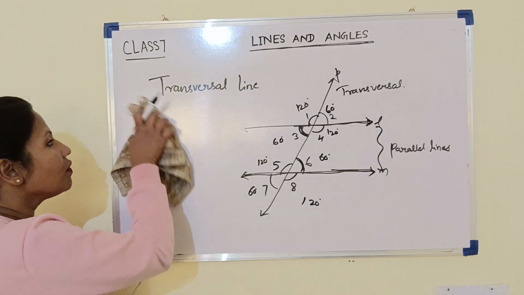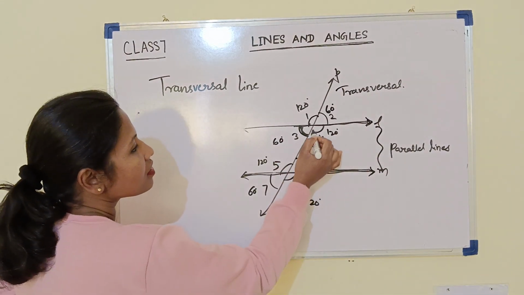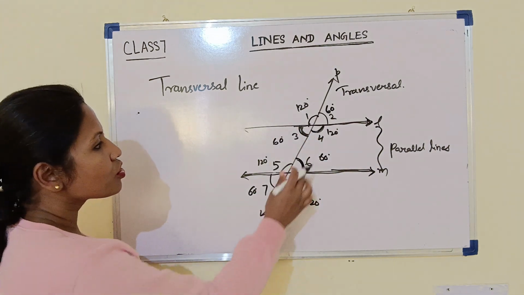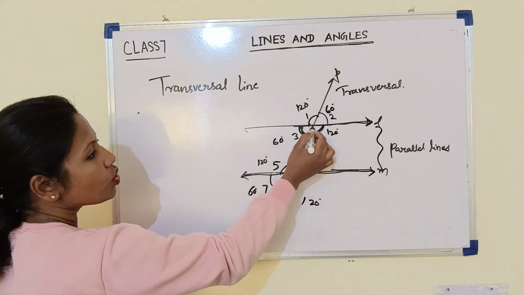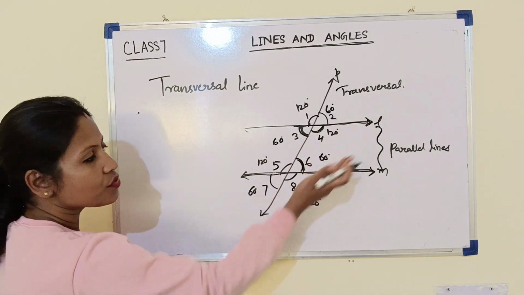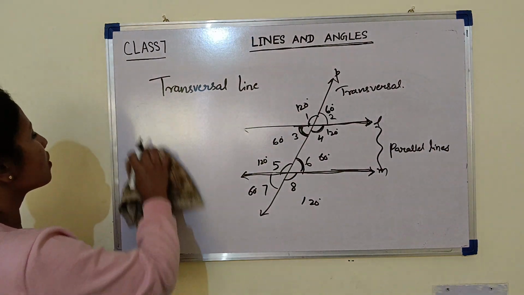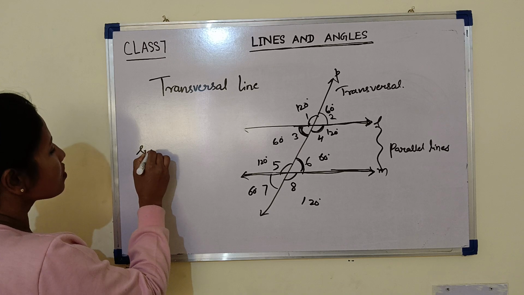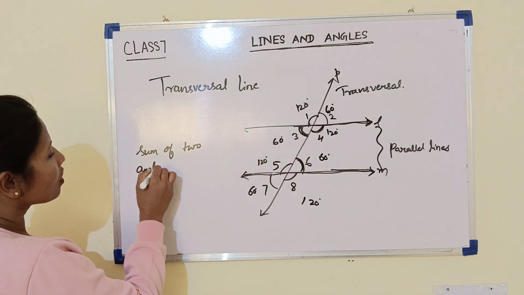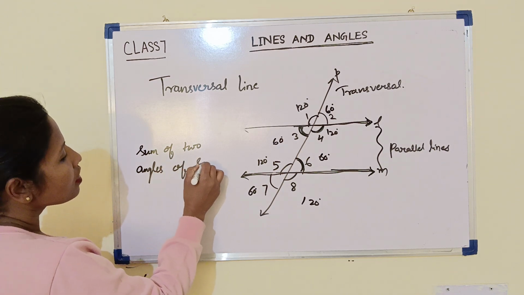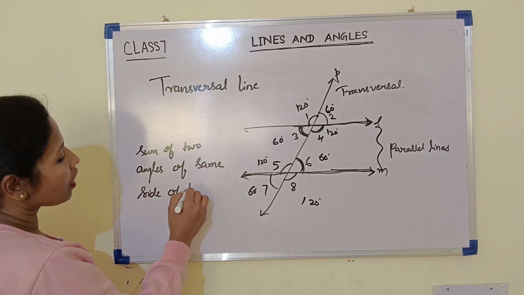And then we will learn one more property. What we will learn? This. With these two angles of the same side. Two angles of the same side of the transversal line.